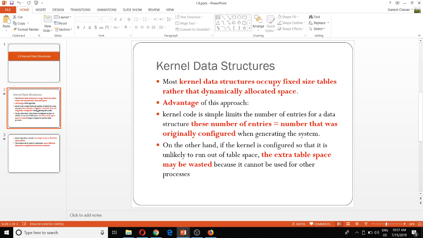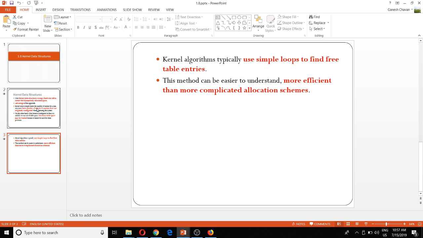On the other hand, if a kernel is configured so that it is unlikely to run out of table space, the extra table space may be wasted because it cannot be used for other purposes. Kernel algorithms typically use simple loops to find free table entries. This method can be easier to understand and more efficient than more complicated allocation schemes.